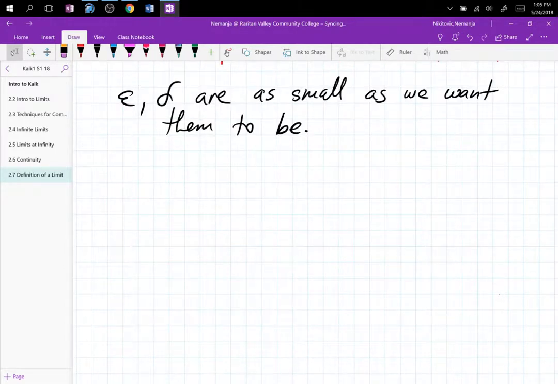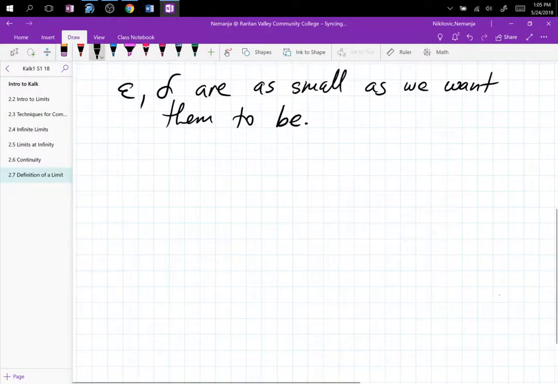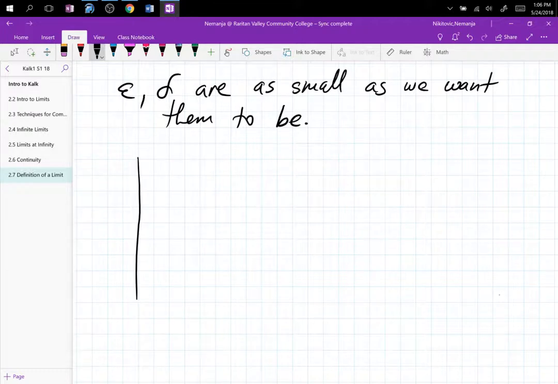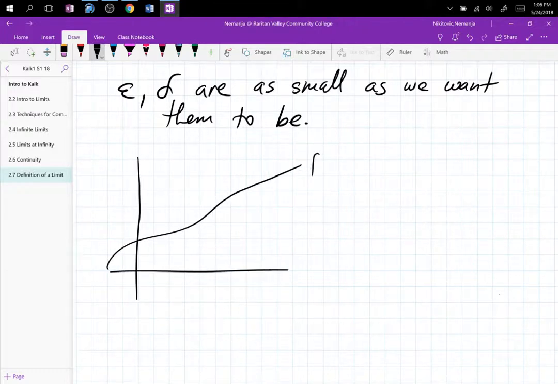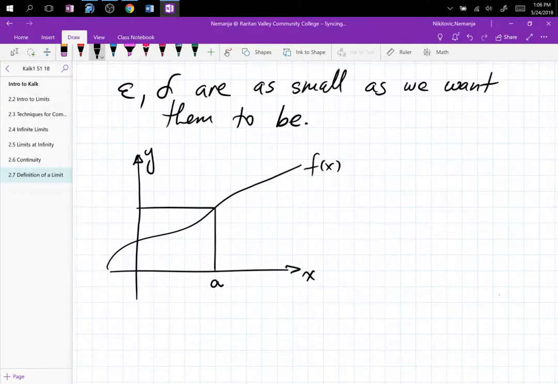Two graphs that you have to consider and understand and be able to explain in connection to the limit. So here's some arbitrary function f of x, and I'm going to over here put my value a and the limit L which it produced.